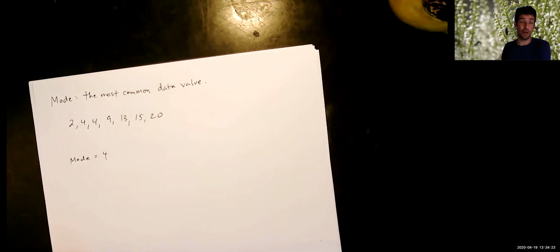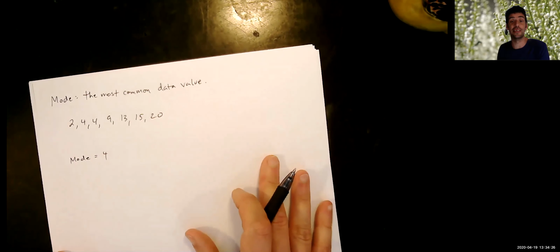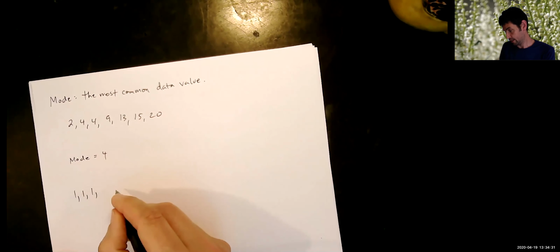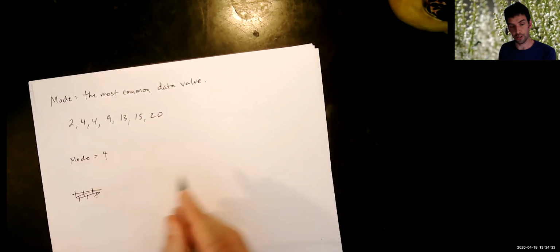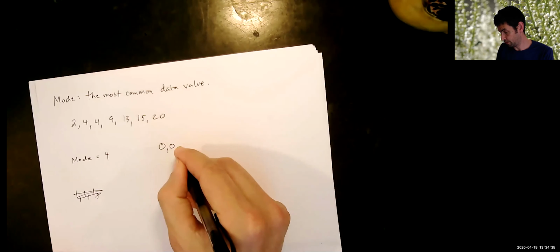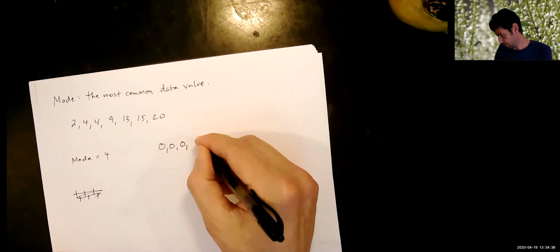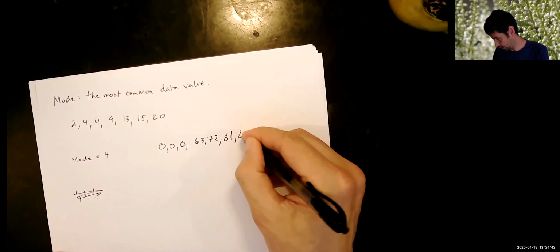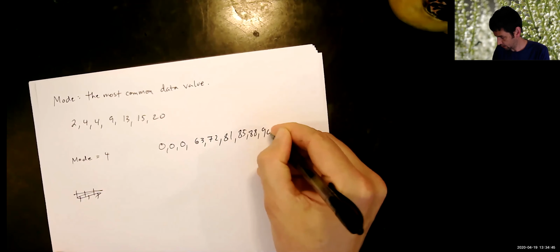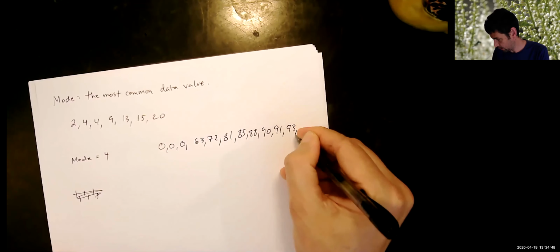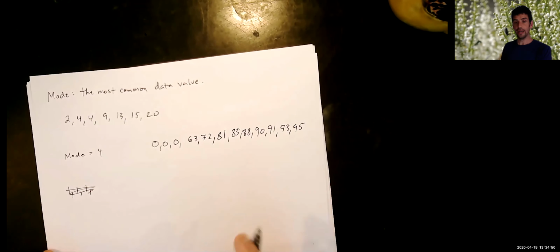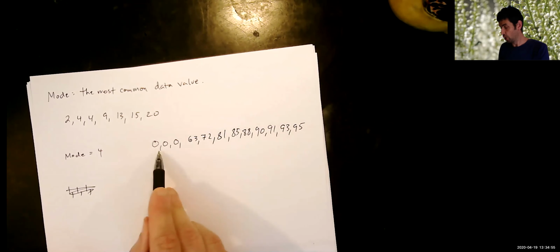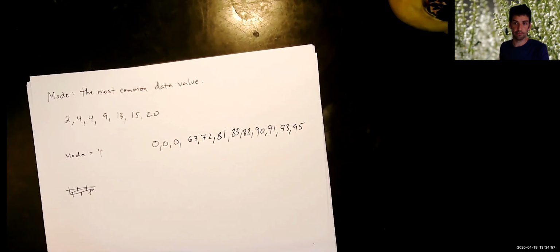For instance, remember, all of our measures of center are supposed to give us an idea of a typical piece of data. Suppose I had this data. Let's make it even more extreme. Okay. This might be a list of exam scores in a class, right, where 3 people didn't show up.